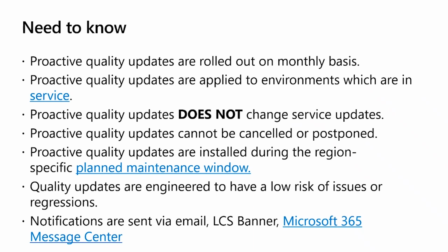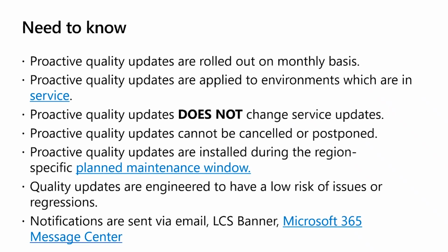So the first point is proactive quality updates are rolled out on a monthly basis. So if you are on service update 10.029 or 10.030, we'll roll out proactive quality updates only for that version on a monthly basis.